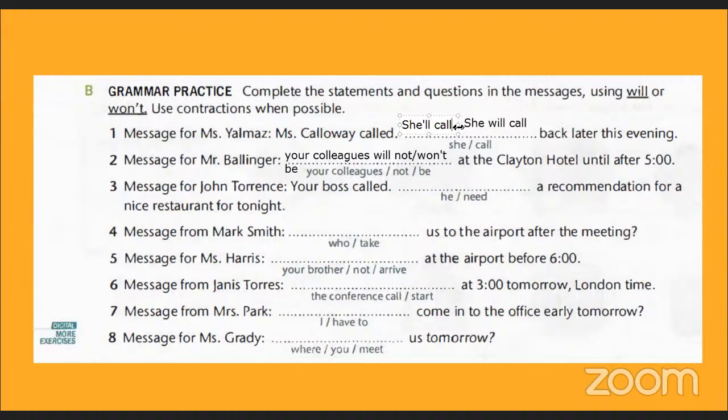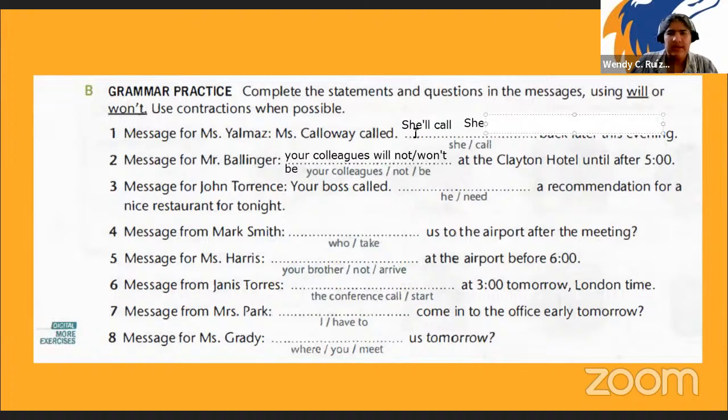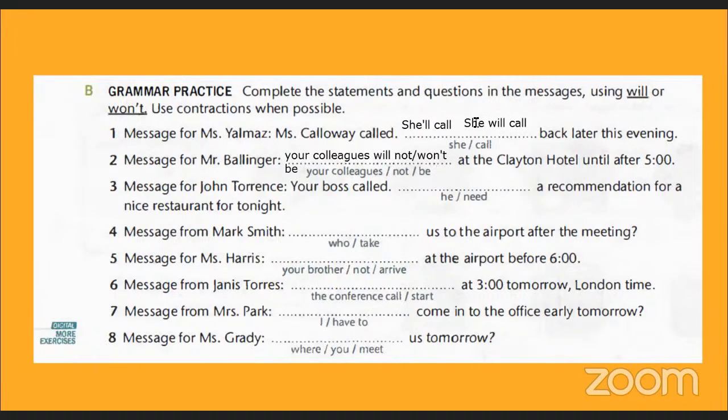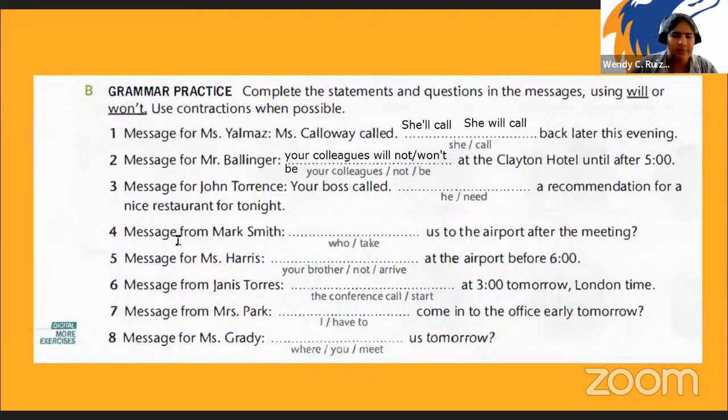Mira, puede ser de las dos maneras. She'll call back or she will call back. La 2 es correcta, Frank. Your colleagues will not or won't be at the Clayton Hotel until after 5 p.m.